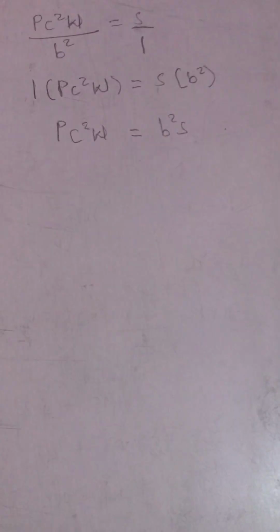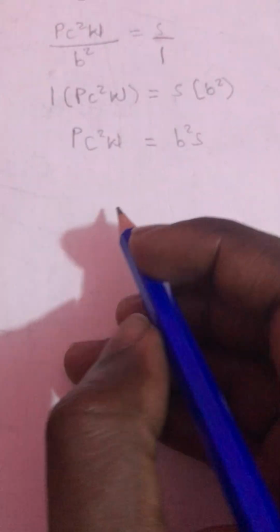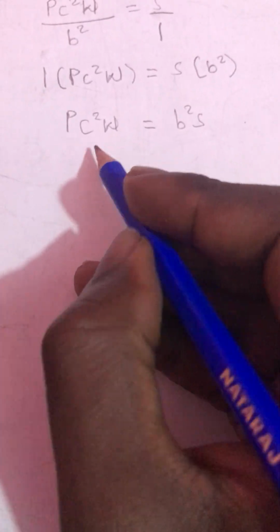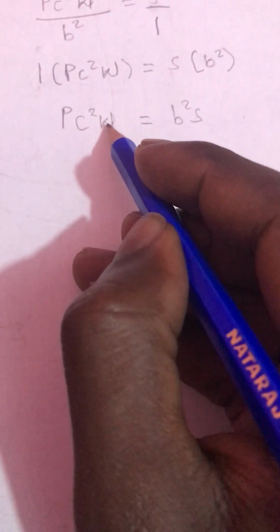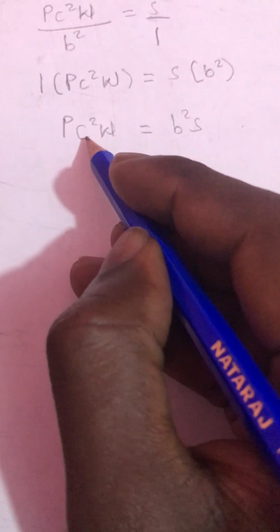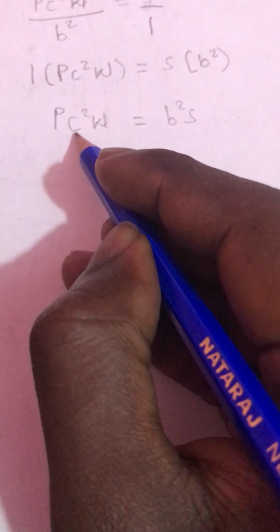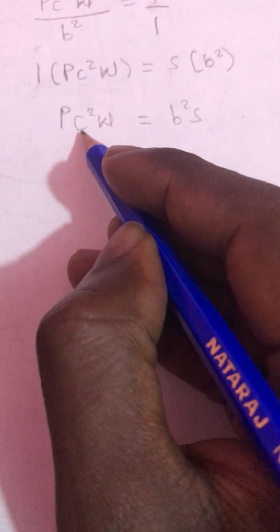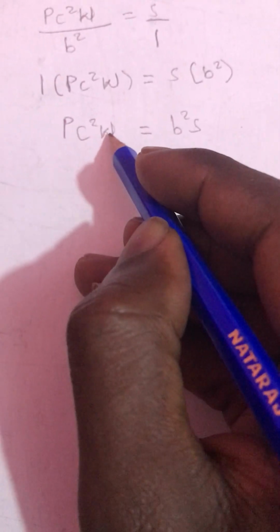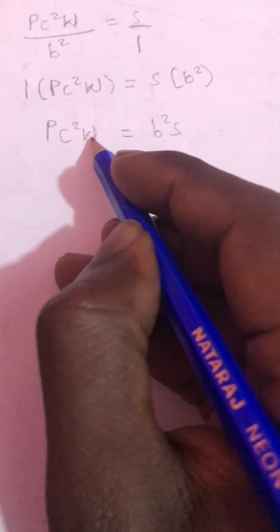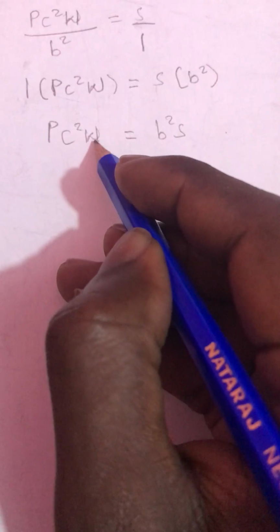Yes. So now we are asked to make C the subject of the relation, right? And the C here, in P C square W, is a square, and aside from being a square, is accompanied with certain variables, right?